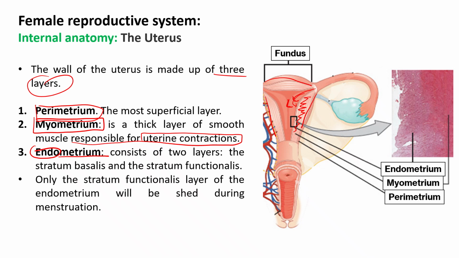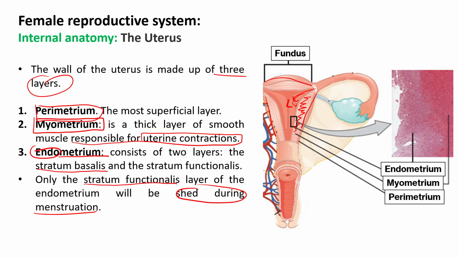The endometrium is composed of two sublayers. One is called the stratum functionalis, and this is the one that sheds during menses, during menstruation. The other is the stratum basalis. This is the one that is right in contact with the myometrium.